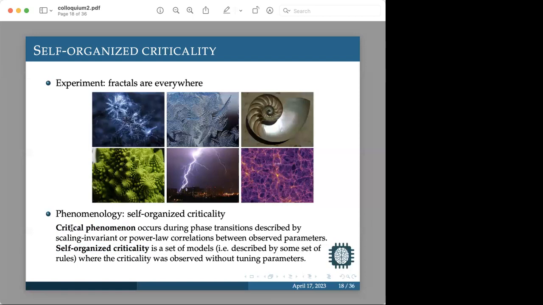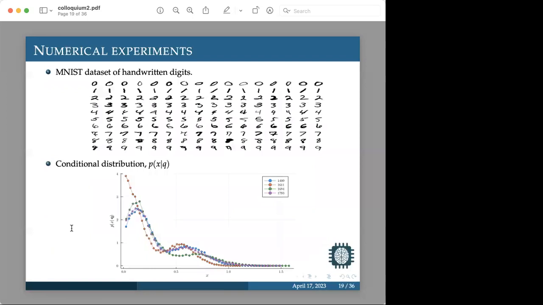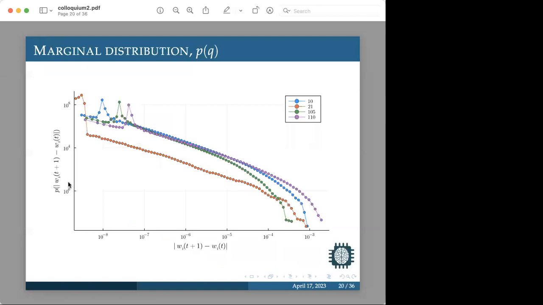And it turns out, interestingly, that just the machine learning task of recognizing handwritten images, the famous MNIST data set, if you take an arbitrary neural network with some bulk and boundary neurons and train on it, you will see that the distribution of fluctuations has power law behavior. How do I know it's a power law?